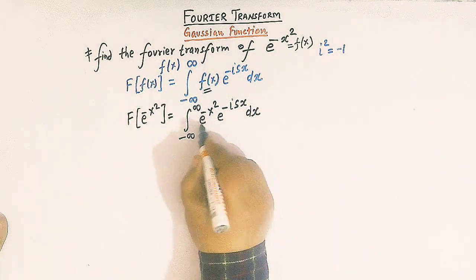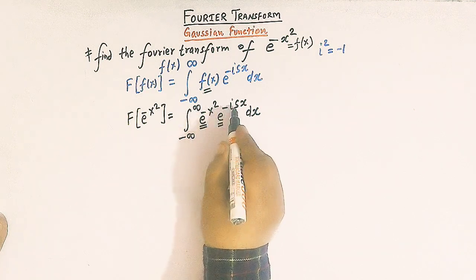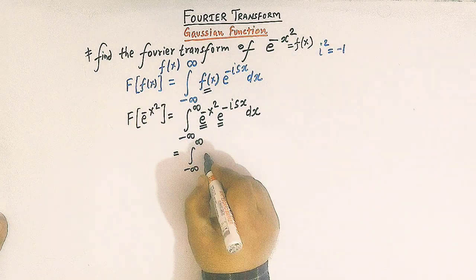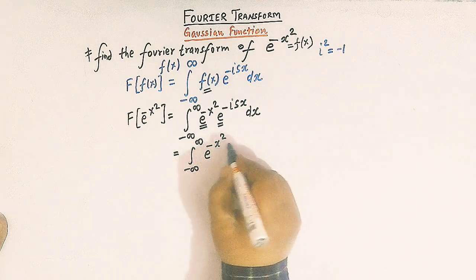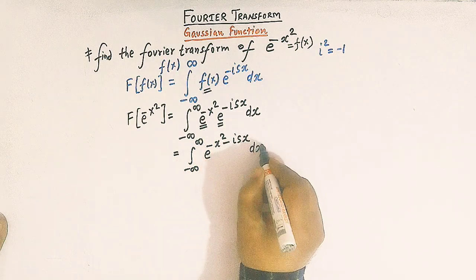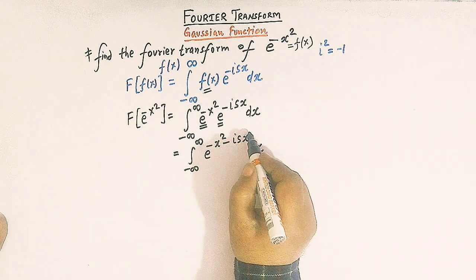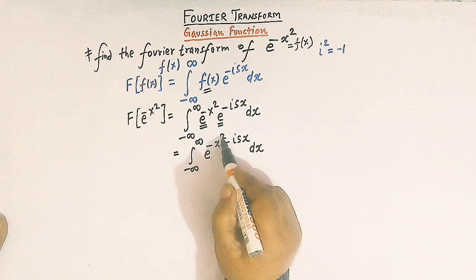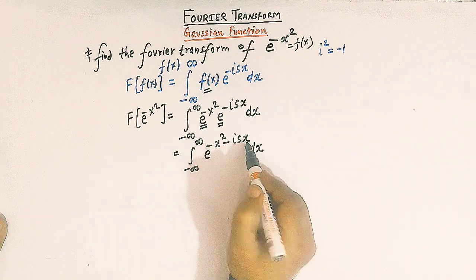Now here, combining these two terms, because the bases are same, we can add the exponents. So we have minus infinity to infinity e raised to minus x square, and then we have minus isx dx, right? So now let us first discuss this term, that is minus x square minus isx.